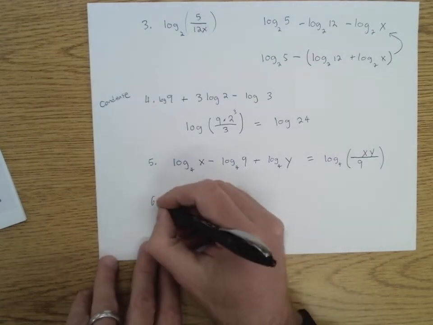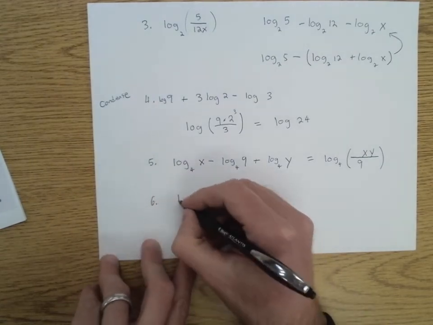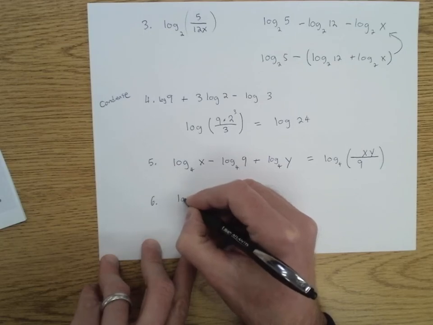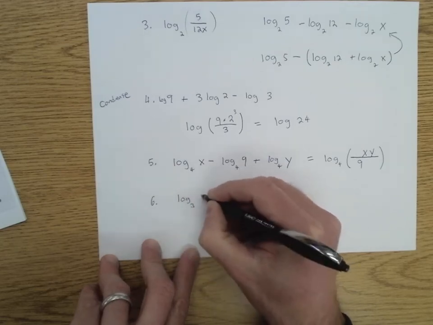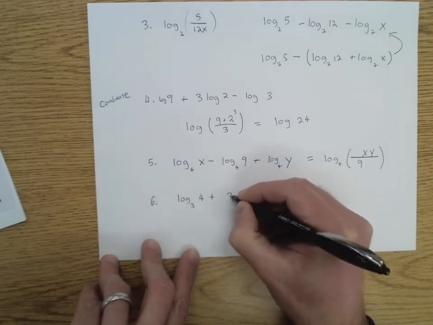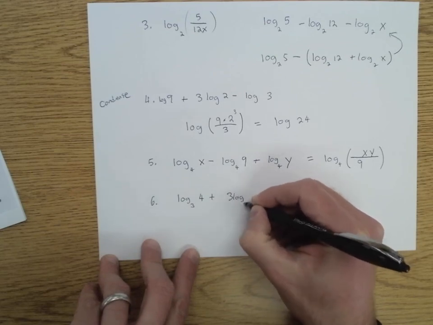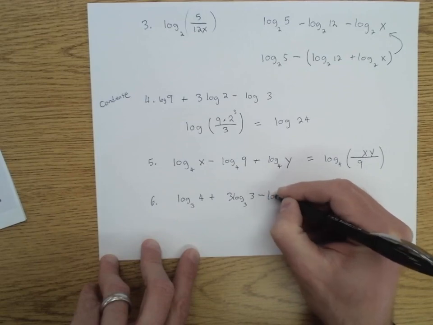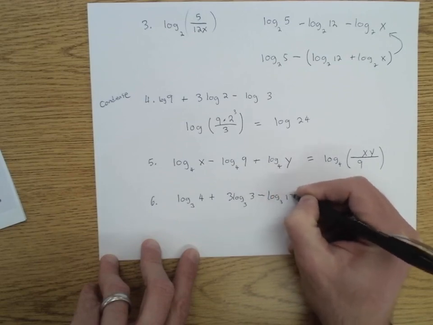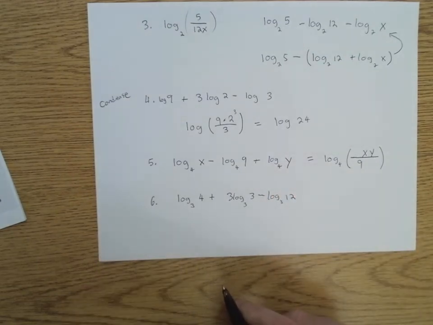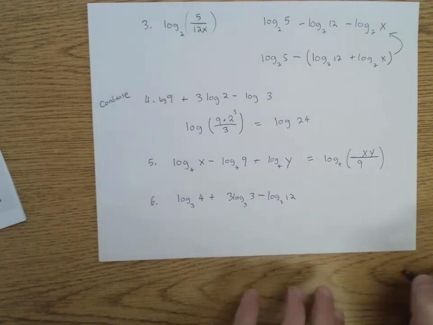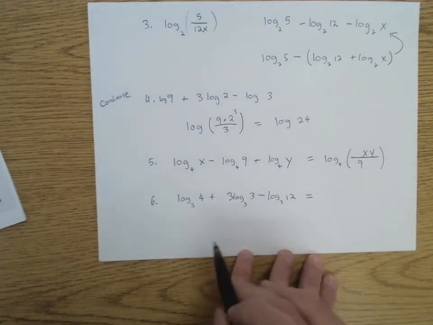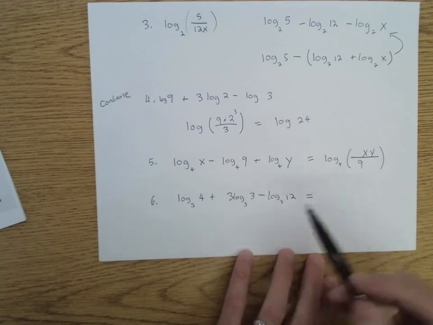Okay, one more. Okay, go ahead and try that one. Okay, so our answer here, in this case we have all numbers, so I'm just going to set it up and then we'll simplify as much as we can.